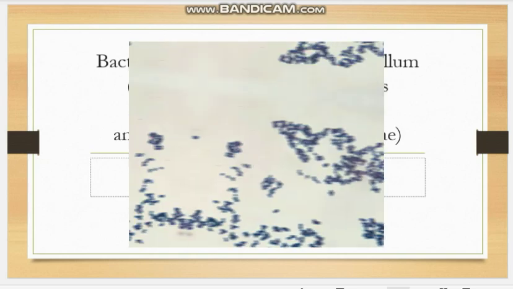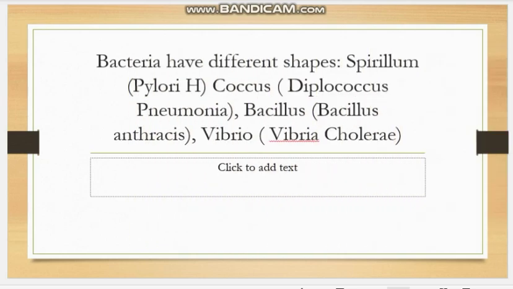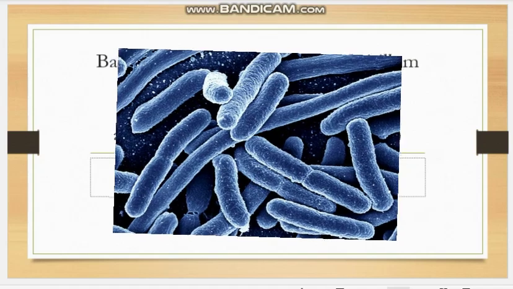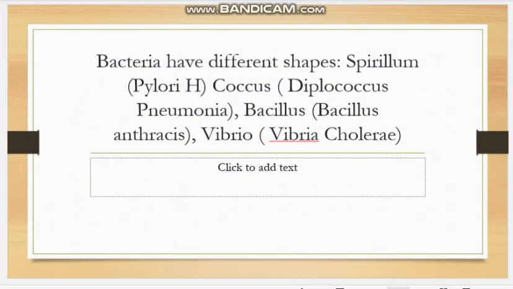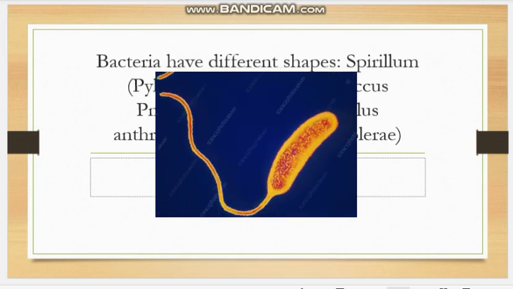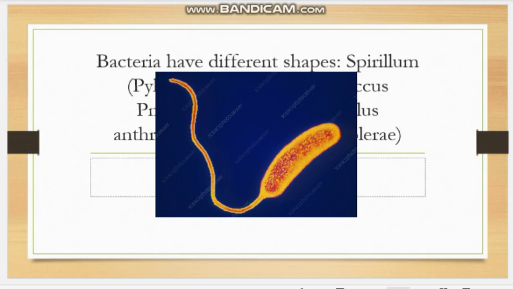And another type is the coccus. Coccus looks spherical or rounded. And bacillus is just a rod shape. It's a very simple shape, a small stick like. And then a very peculiar shape is vibrio, that is comma like shape.